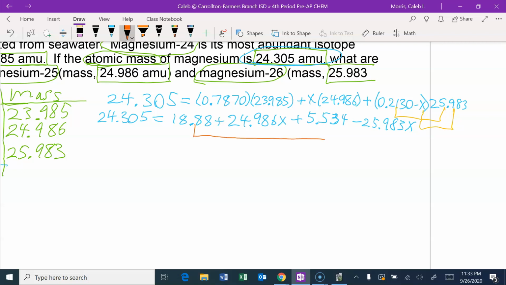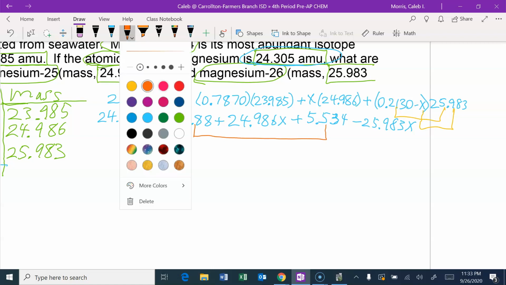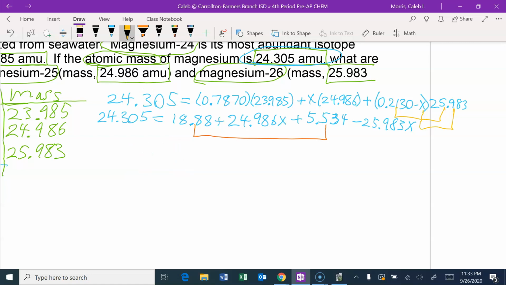18.88 plus 5.534. And then I'm going to combine 24.986X minus 25.983X. So when you put that in a calculator, we're going to get 24.305 equals 18.88 plus 5.534, which is 24.41.